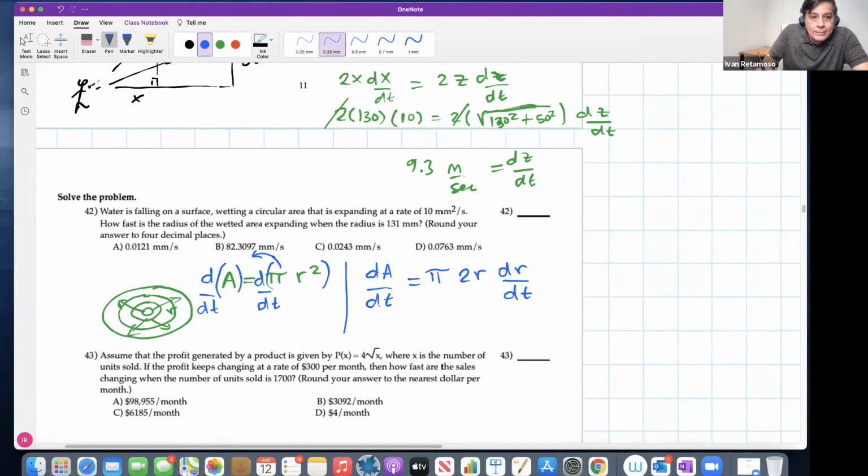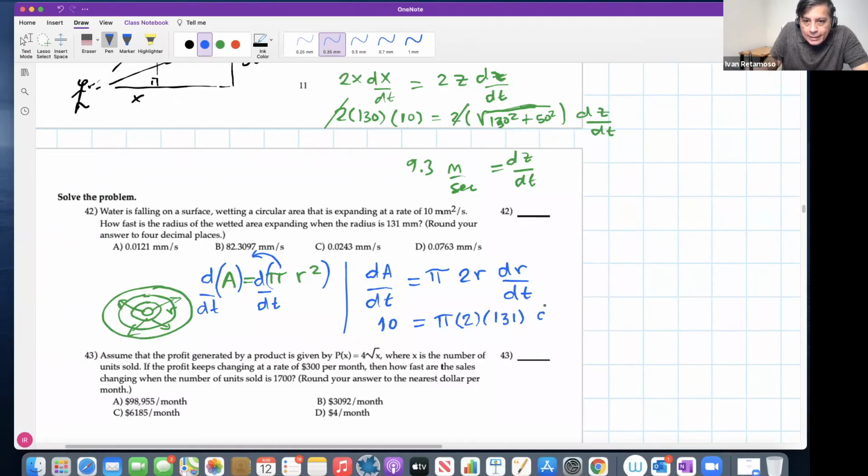Now, let's substitute what we have and find out what we don't have. The rate of change for the area is given, 10 square millimeters per second. It's expanding, so positive. Pi twice r. r is given also, I think they want this when r is 131 millimeters.